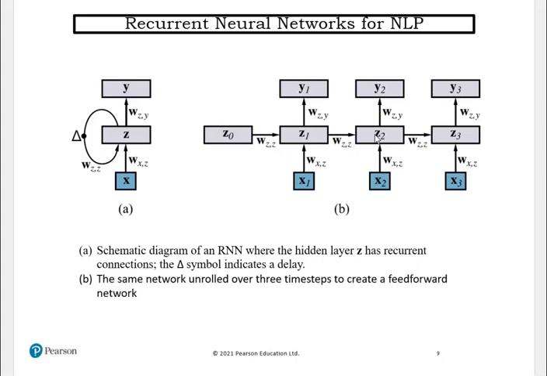Now, once the model is trained on all the sentences in our corpus, which is going to be very large, of course, it could be the entire text on Wikipedia, or in reality, millions of sentences, we can then generate any sequence of random text we want. All we have to do is provide the first word of a sentence, x1, and then the network will give us all kinds of predictions for y1, y2, y3, and so on.